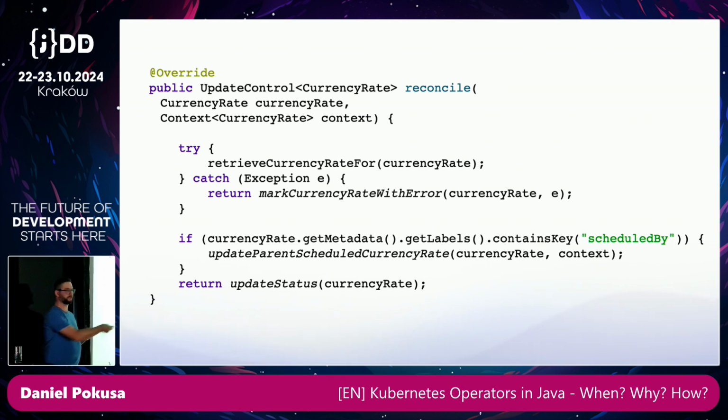So I am in the currency rate operator. So I retrieve the currency rate. Unfortunately, that is mutable and that needs to be mutable. So I will set some values there, like the direct connection, etc. In case of an exception, I will mark this currency rate with some kind of error. And in case it's scheduled by something else, some parent, update parent scheduling currency rate.